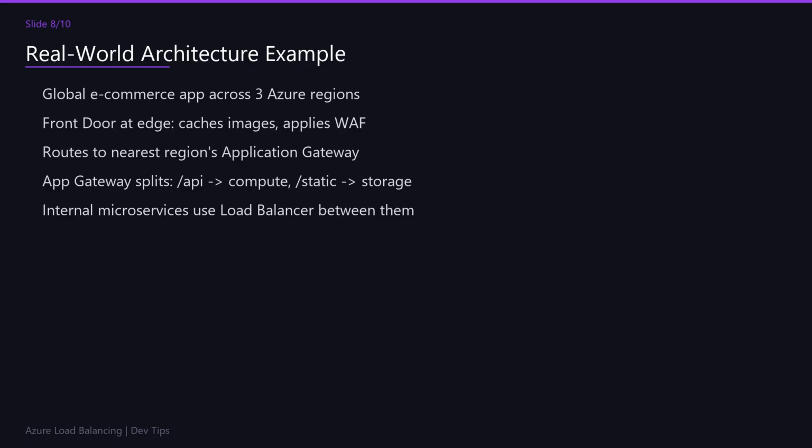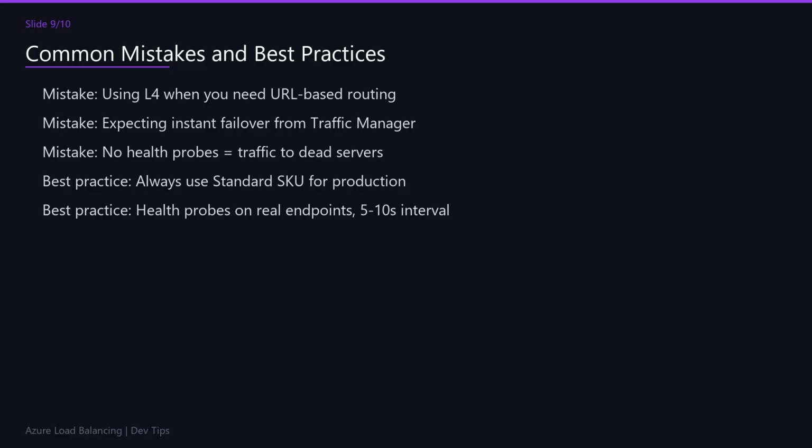Let me save you from the mistakes I see every week. Number 1. People use Azure Load Balancer for their web app because it is cheaper, then realize they cannot route by URL. They end up rebuilding with Application Gateway. Just start with App Gateway for any web workload. Number 2. People expect Traffic Manager to fail over instantly, but DNS caching means users keep hitting the dead region for minutes.